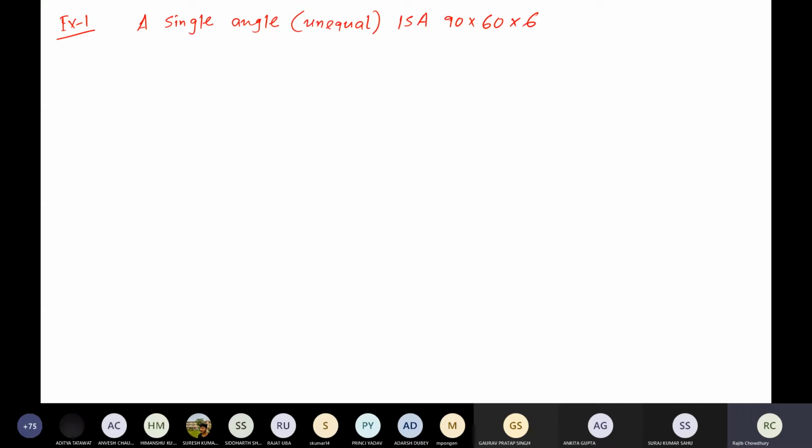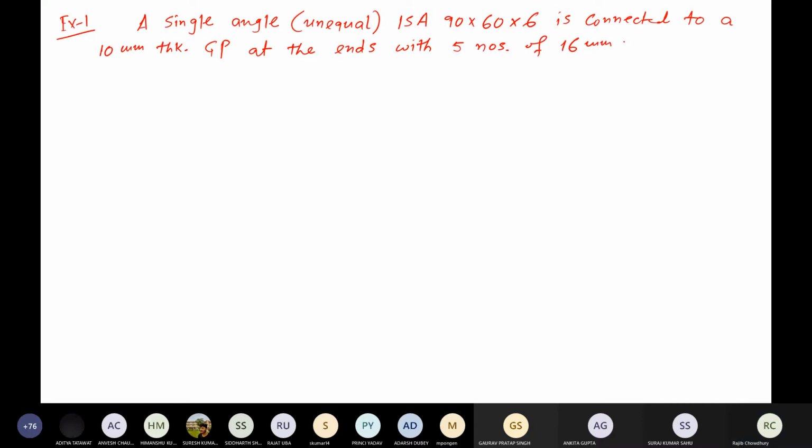This is the angle size, connected to a 10 mm thick gusset plate at the ends with 5 numbers of 16 mm dia bolts, which are required to transfer the tension.